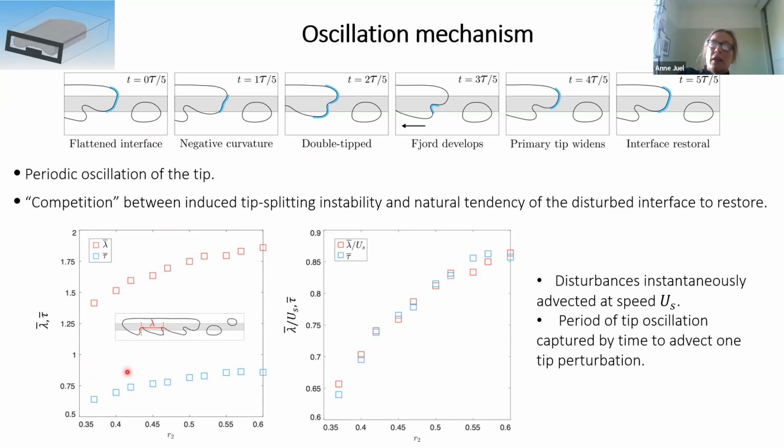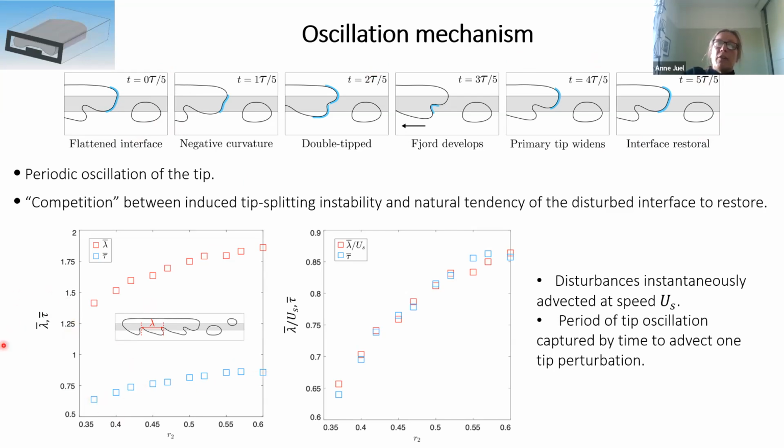You can measure, for instance, the typical wavelength, or some characteristic length of the tip instability on the side of the bubble. You can plot that as a function of our parameter, the size of the middle bubble. And you can plot the time it takes, so the whole period of this oscillation, the time it takes to restore the interface, and you plot that here.